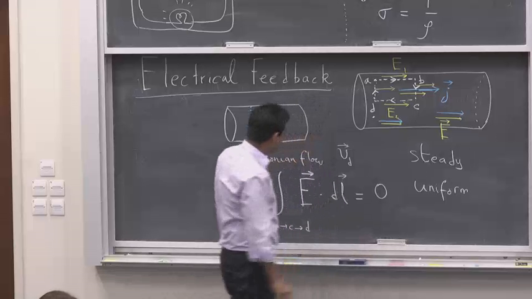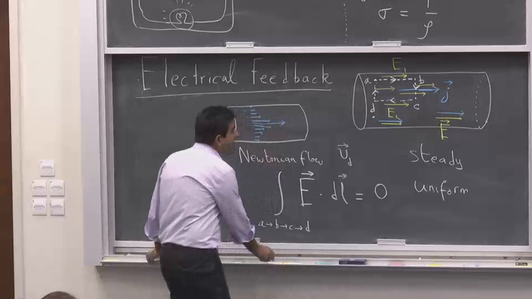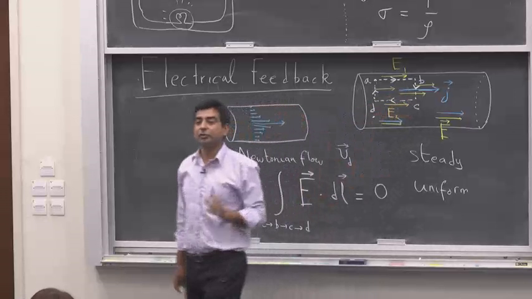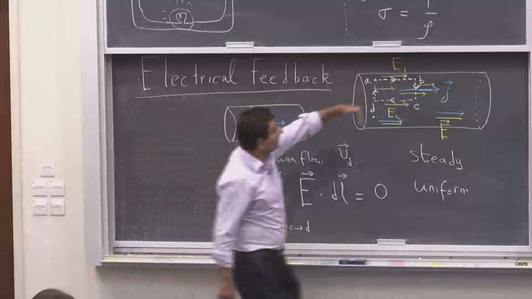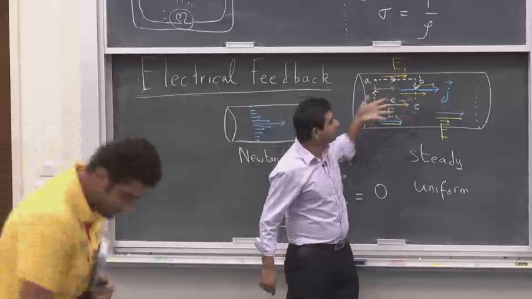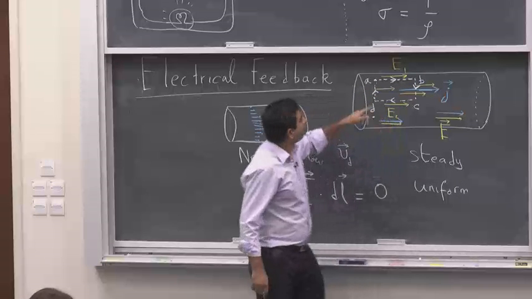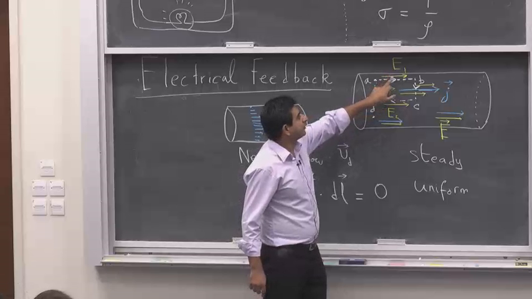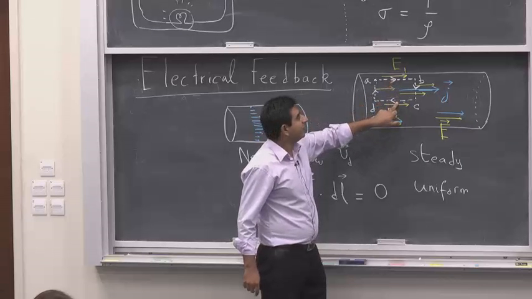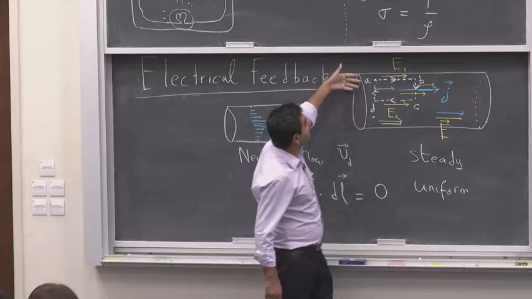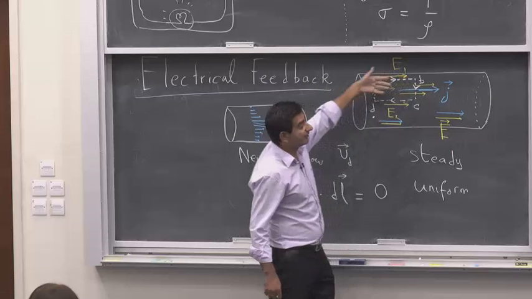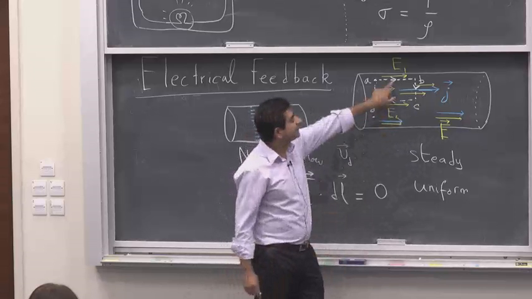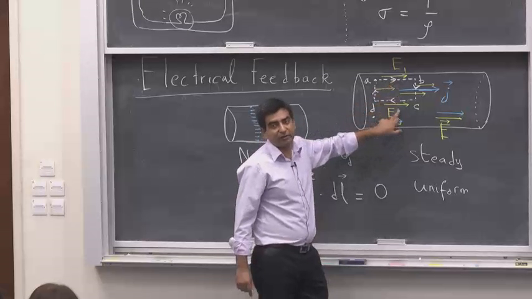Now if I compute this integral over the entire path length, will I get a contribution from the sides BC and AD? No, because there the dl's are normal to the electric field. I will only get a contribution from AB and from CD. On AB, the electric field and the direction in which I am traversing the path are the same, and on CD they are opposite. So one gives a positive contribution and the other a negative contribution.